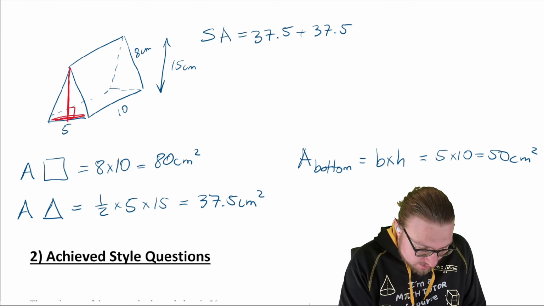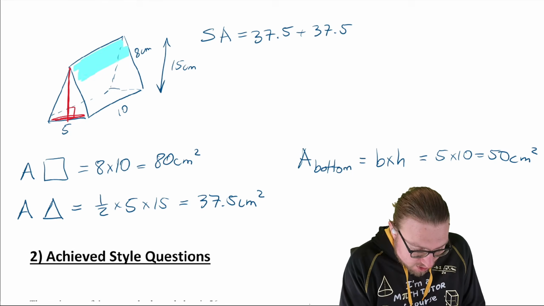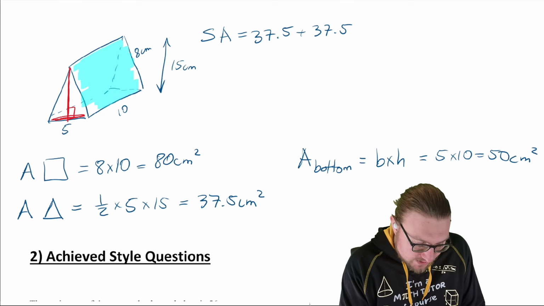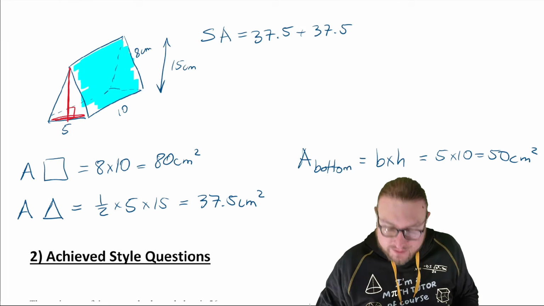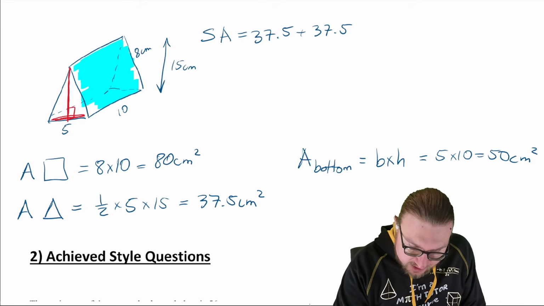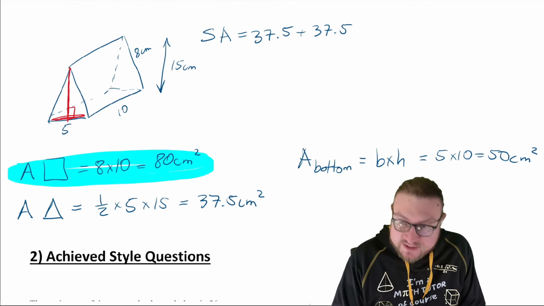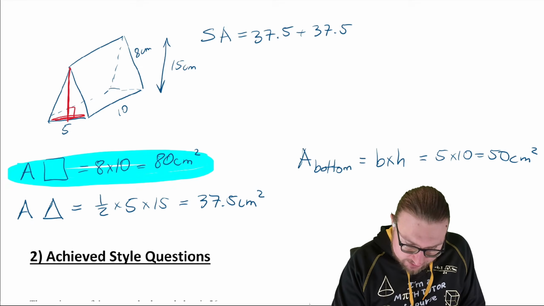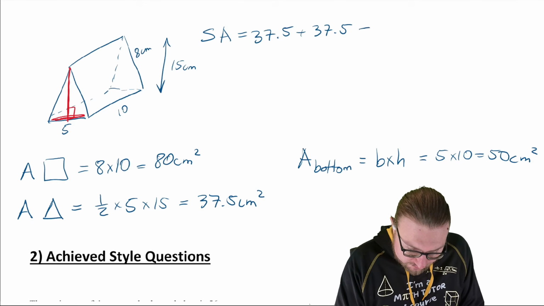Now what other parts of this shape do we see? Well, we had this long rectangle that builds the shape of a house, these parts of the prism. Those two we already calculated right in the beginning, which was this number here. We have one on the left-hand side and one on the right-hand side, so we're going to add both of those together.